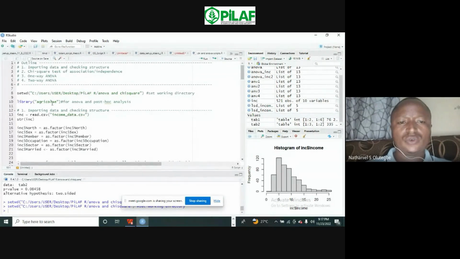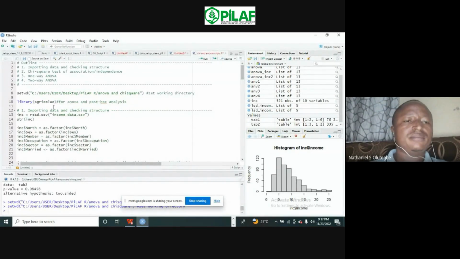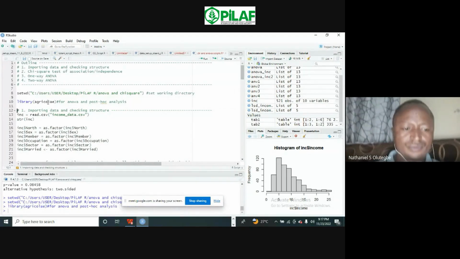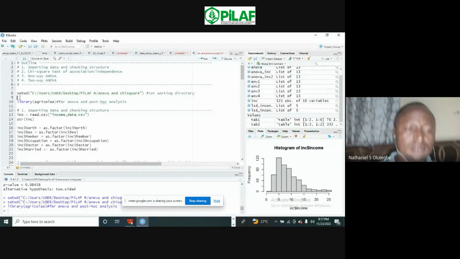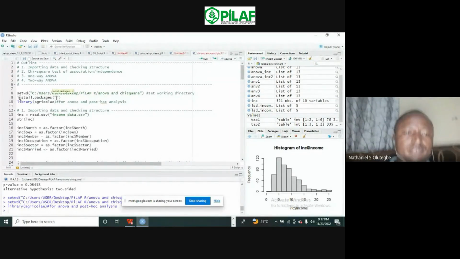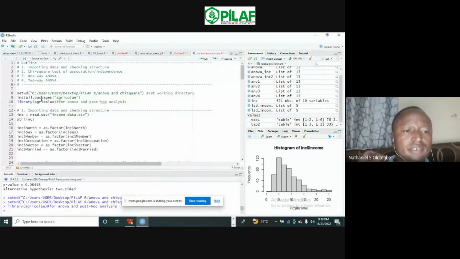I also want to implore us to library the package Agricola. Anyone who doesn't have this installed on their system should install it. We understand how installation is done: you put it in inverted commas, Agricola, then press Control and Enter so that it can run.